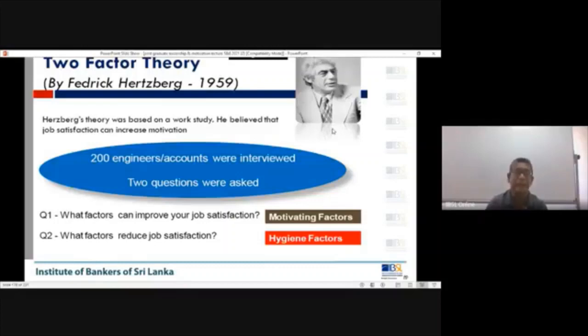What factors can improve your job satisfaction? Those we call motivating factors. What factors reduce job satisfaction? We call hygiene factors. Let me explain all these factors. Sometimes we call it the dual factor theory.